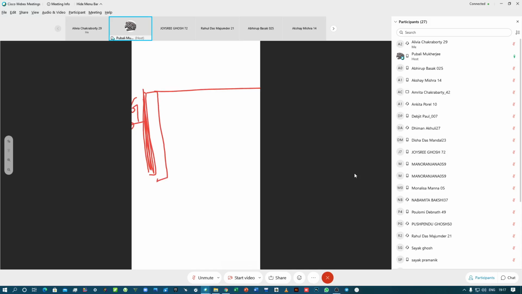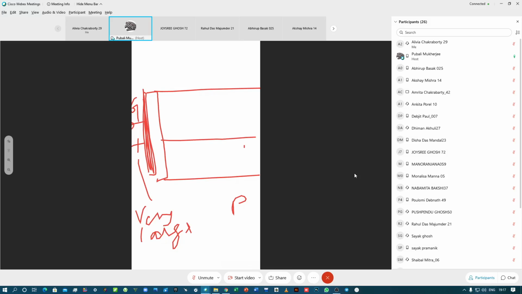Okay, and if this is the P substrate, then if you have a very large positive charge, I call it very large positive charge. Okay, what happens is, let's start with the extrinsic Fermi energy level, which maintains a constant level throughout the device.